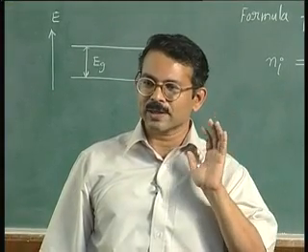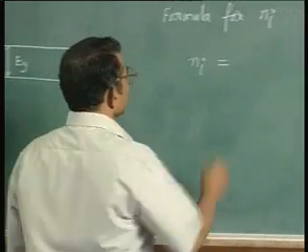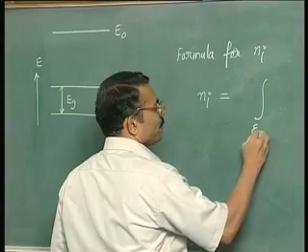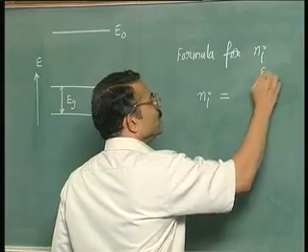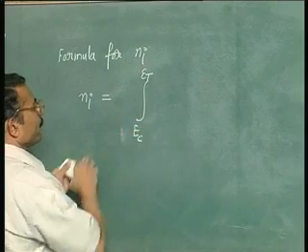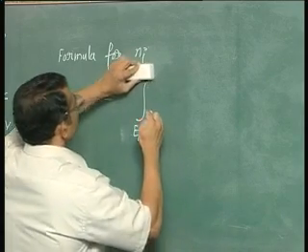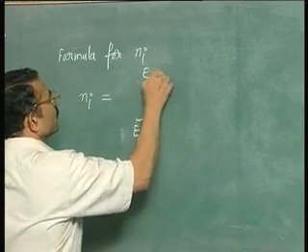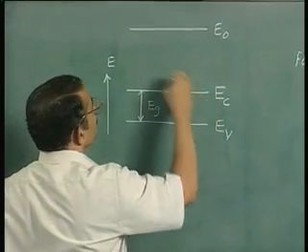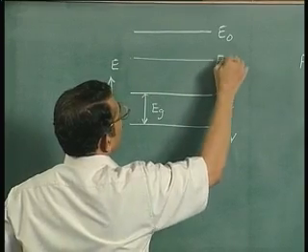So Ni is equal to the integral from Ec to Et, where Ec is this level, the bottom of the conduction band, and Et is the top of the conduction band, somewhere here.